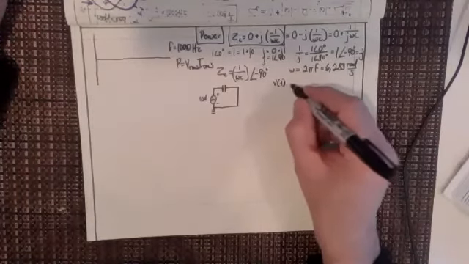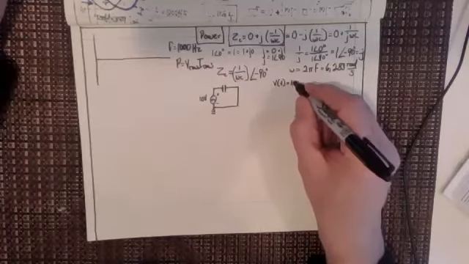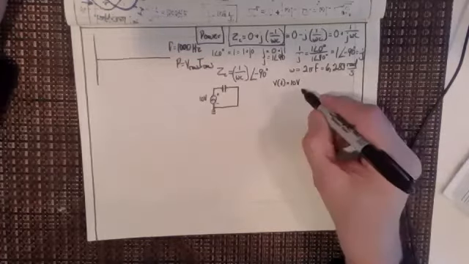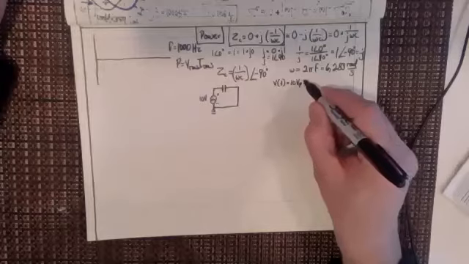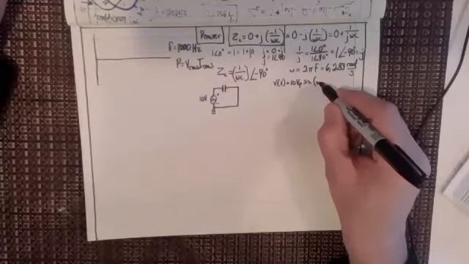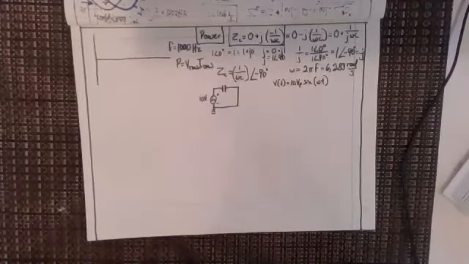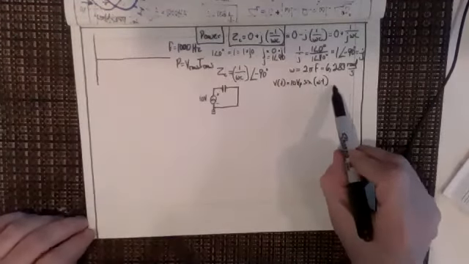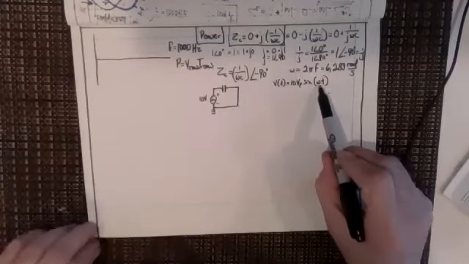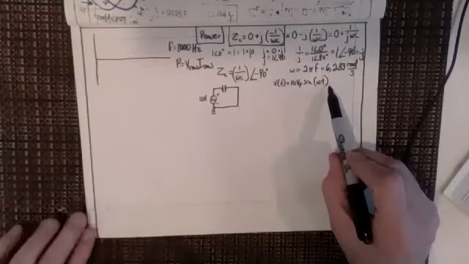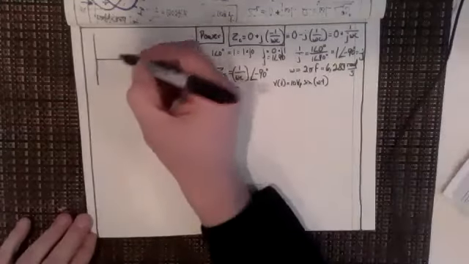V of t equals 10 volts peak, of course, times the sine of omega t. And that's really omega t plus 0, isn't it? Because I don't have anything after it doesn't mean that there isn't a phase shift that could be associated with it. There's not in this case.